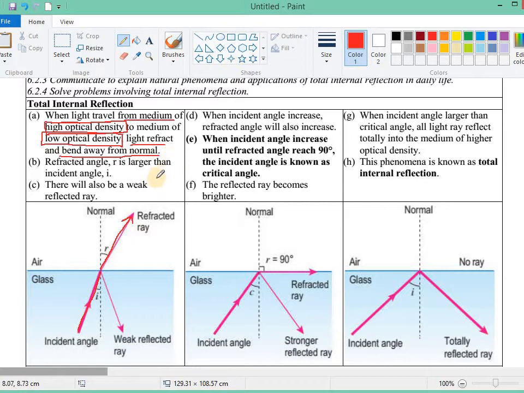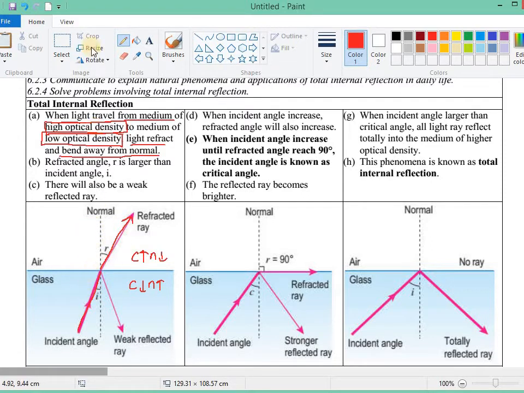So light refracts and bends away from the normal because the speed of light increases. Glass has higher optical density and also a higher refractive index, while the other has a lower refractive index. So the speed of light here is low and the speed of light here is higher. When the speed of light increases, the light will refract away from the normal.